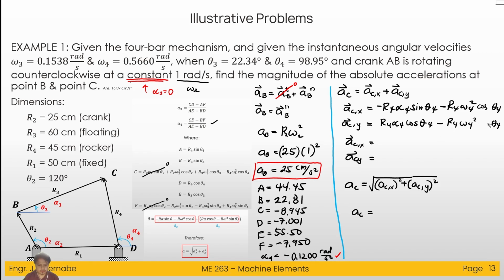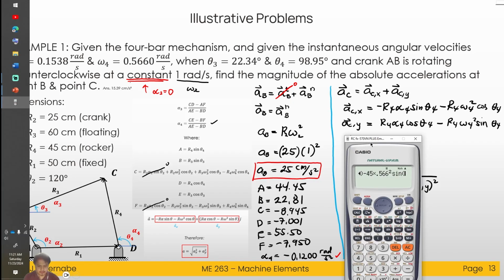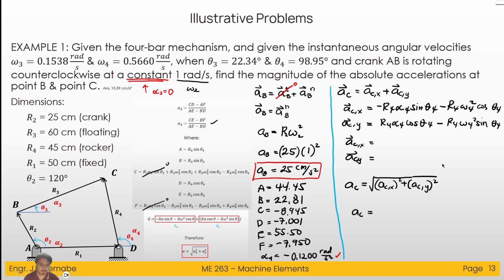So this should be cos, this should be sine. My bad. Okay, anyways. You have sine here and cosine on the other side. Okay, so this will be your value, 7.577. So 7.577.